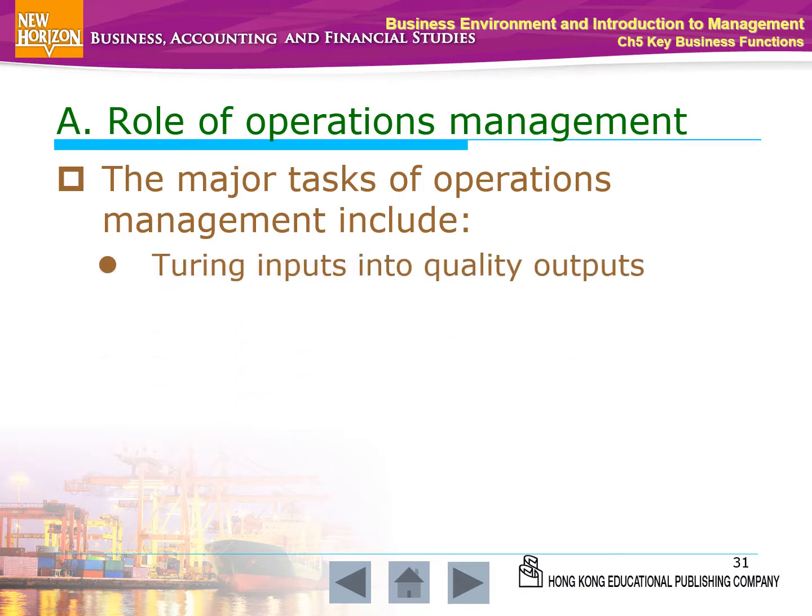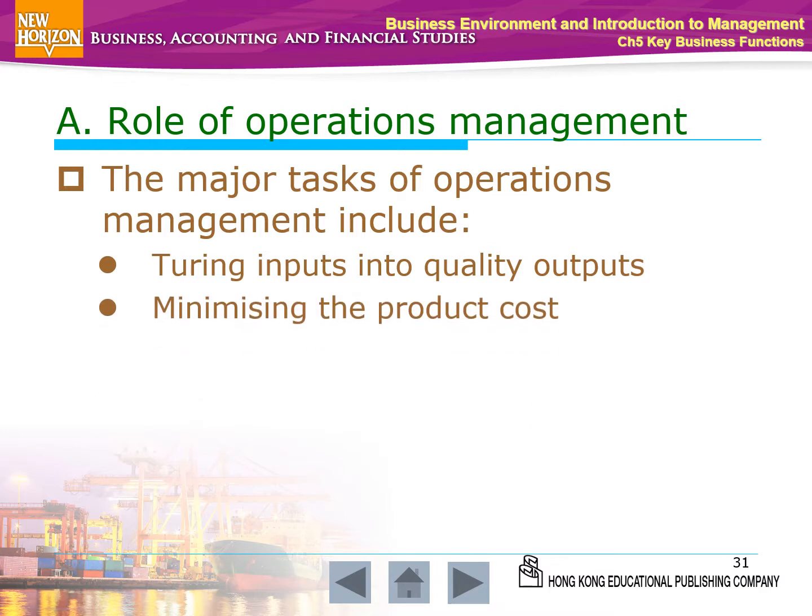Number one, turning inputs into quality products. For McDonald's, the inputs are beef, potato chips, that means potatoes, Coca-Cola with the bottles.